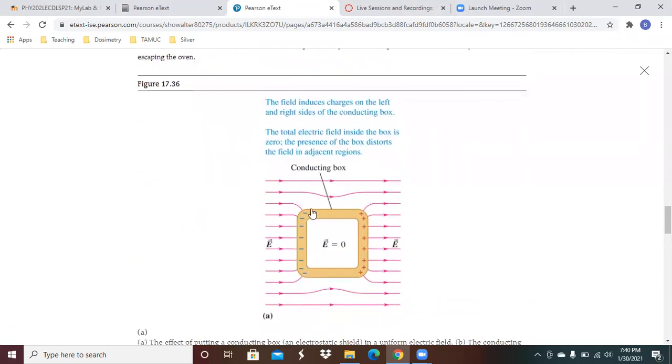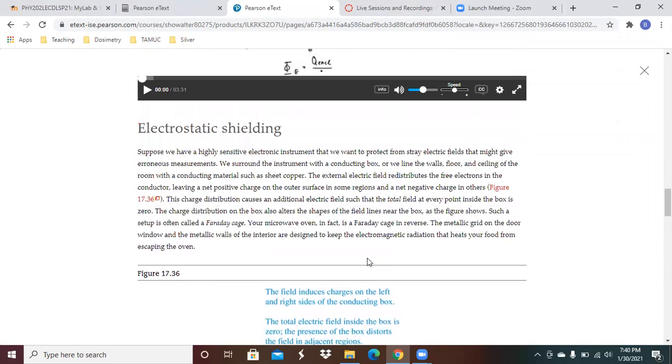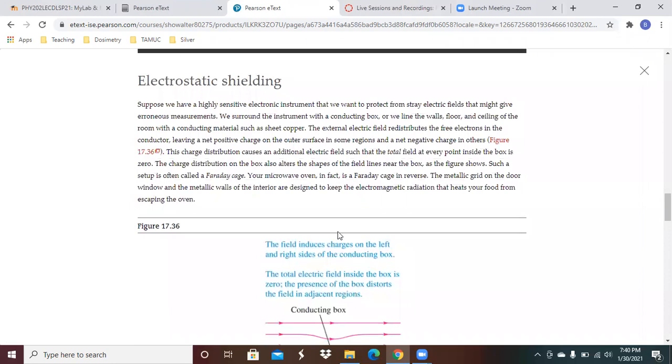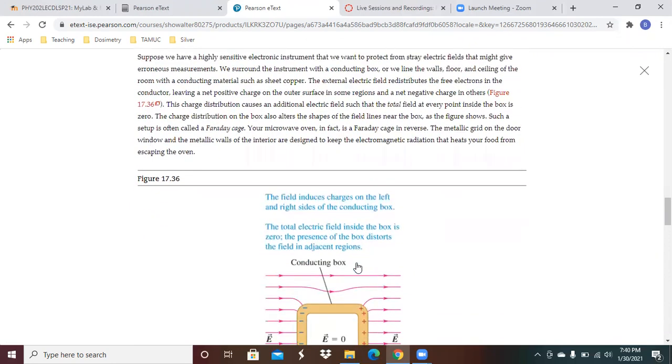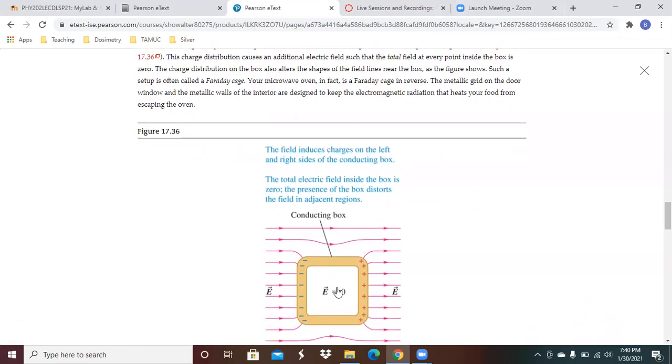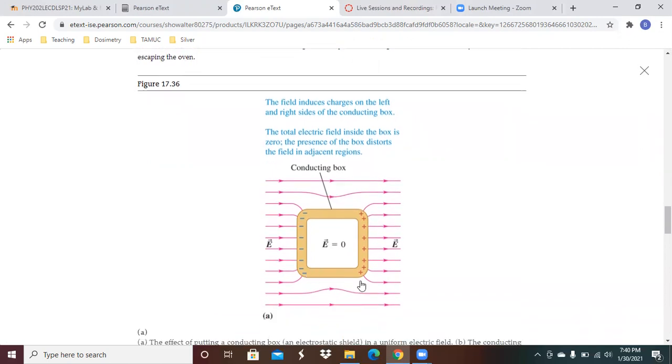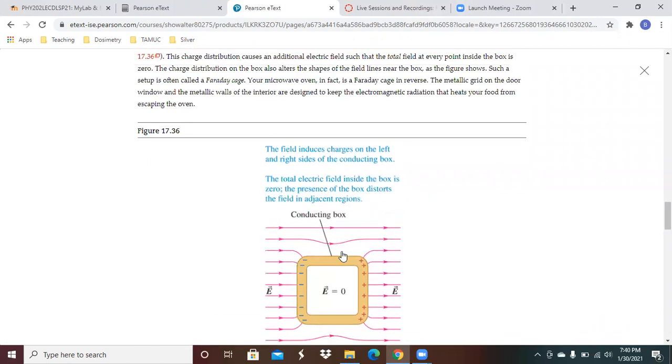That external electric field is going to have negative charge build up over here on this side, positive charge build up on that side. So this charge distribution causes an additional electric field such that the total field at every point inside the box is going to be zero. The charge distribution on the box also alters the shape of the field lines near the box, which you can kind of see here.